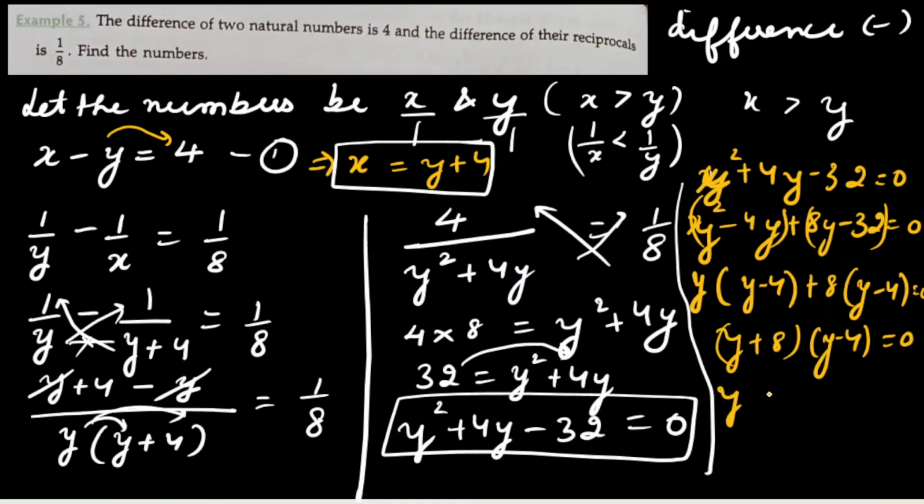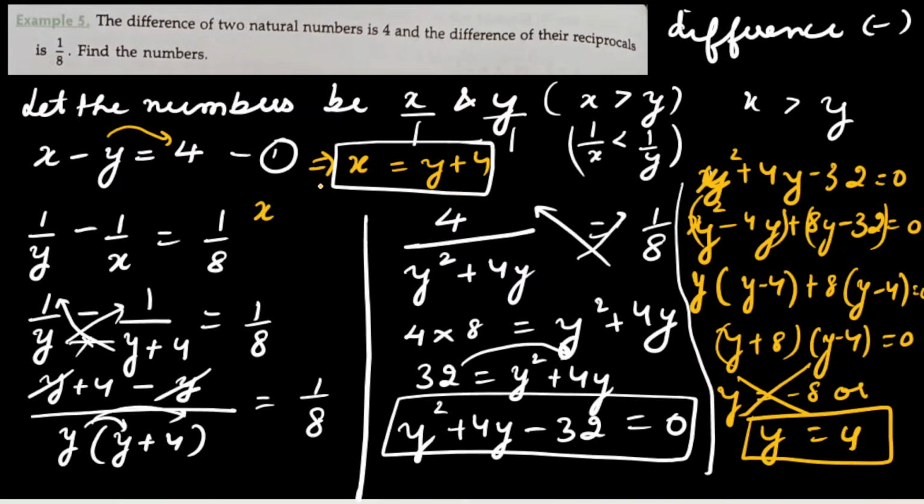So y equals minus 8 or y equals plus 4 we will get from here. Because these are natural numbers, a natural number cannot be negative. So y equals negative 8 we cannot take. So y equals 4. The value of y is 4 because a negative value we cannot take here.